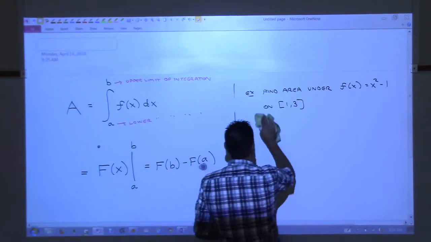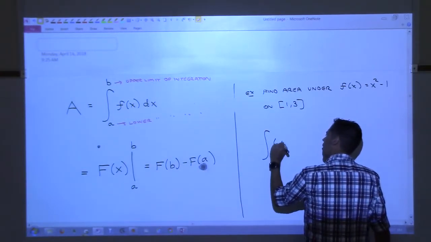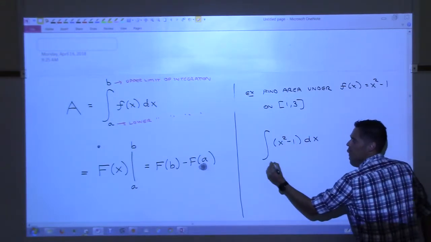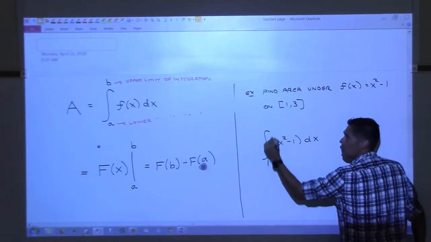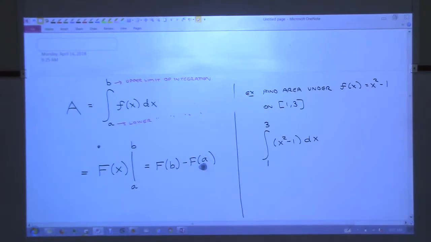So now what we'll do is we will say, all right, well, what this is saying is they want us to do this, but instead of that, they want the actual area, so we have to put the limits of integration on there, the 1 and the 3. Okay? Questions?